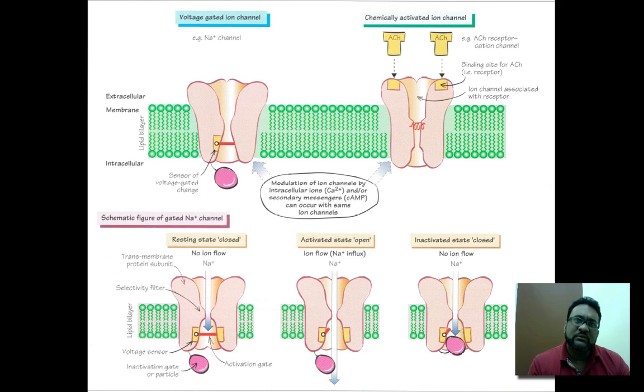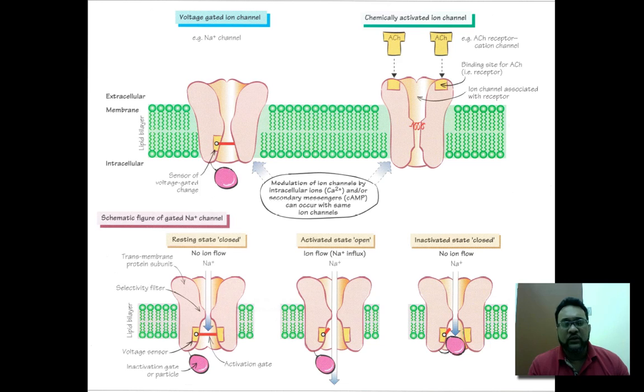One might say, that sounds kind of strange. If both the activation gate and the inactivation gate move at the same time, wouldn't that mean the inactivation gate is going to block the ions from the get-go? But that's not happening. So let's use some common sense here. Let's try to figure it out.